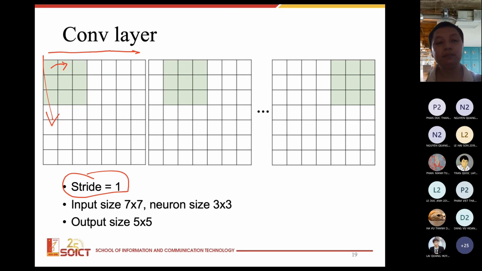If the stride equals 2, you will move from here to here, and from here to here. The input size is 7 by 7, the neuron size 3 by 3, and in this way the output will have a size of 5 by 5.